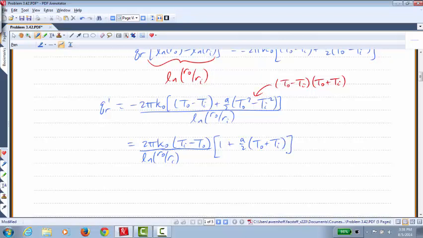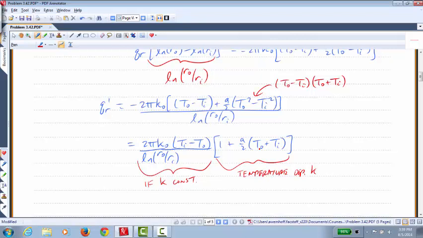So what makes this a more interesting result is that this left side here is what you would get if K is constant. The right side is what you get from the temperature dependent K. So the fact that K is equal to K₀ times (1 plus aT), that aT term results in this extra temperature dependence over on the right side.